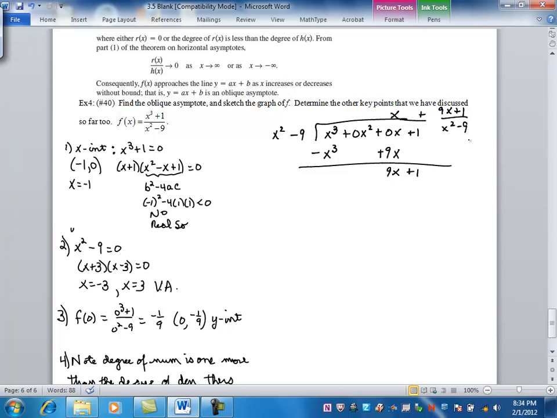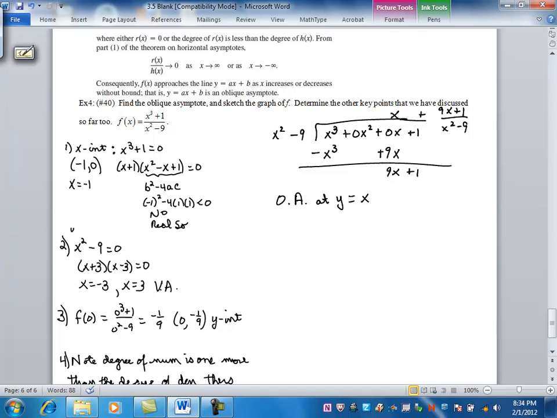Okay, so the equation of my oblique asymptote here, or my slant asymptote as some like to call it, is y equal x. So I've got an oblique asymptote at y equal x.